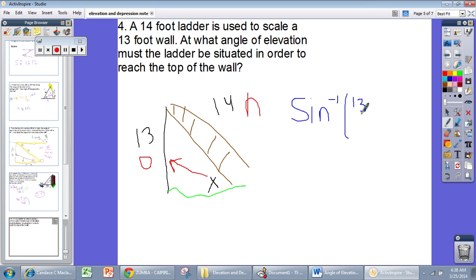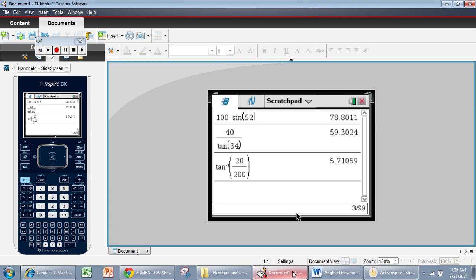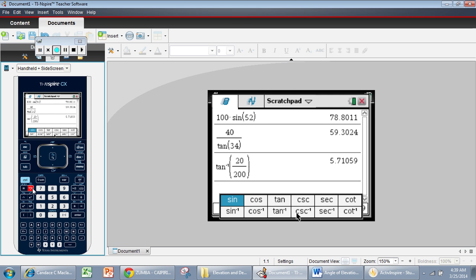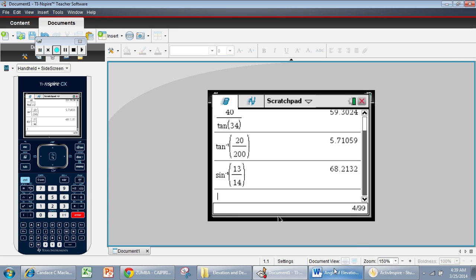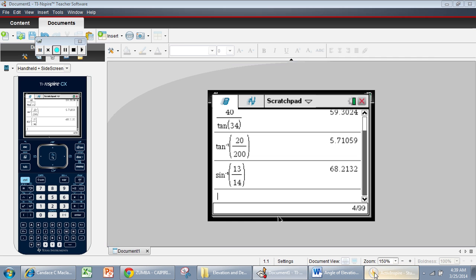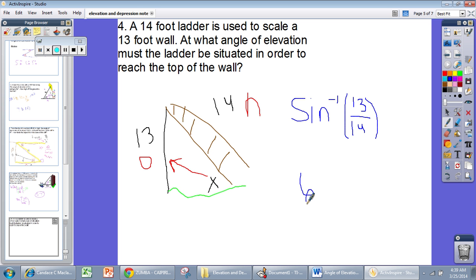Your calculator actually wouldn't let you do it the other way because then you'd be saying the hypotenuse is 13 and one of your sides is 14, and the hypotenuse has to be the biggest. Alright, 68.2. Beautiful.